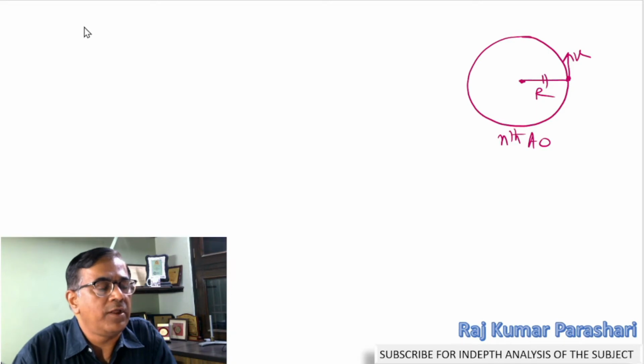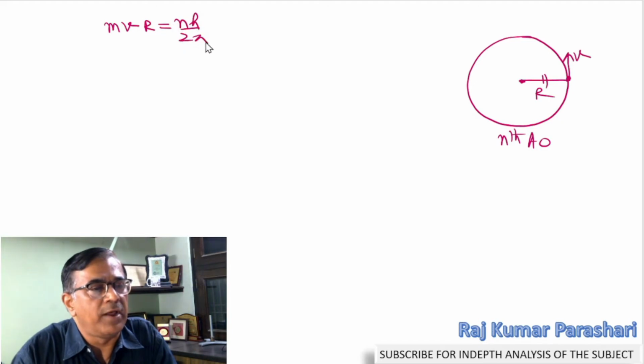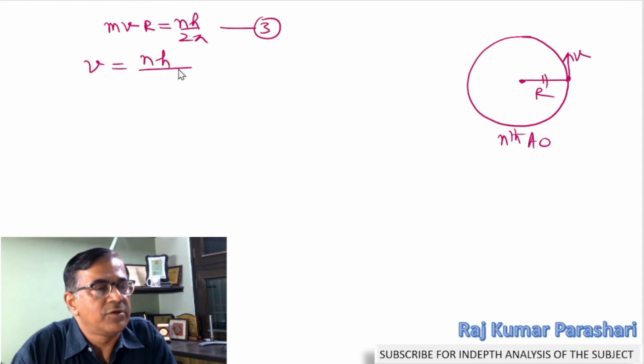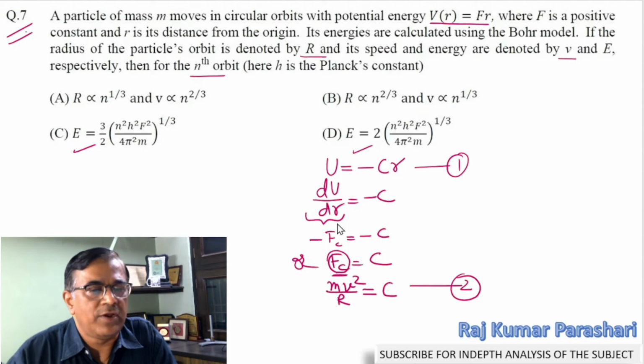Now, according to Bohr's model, the angular momentum of the particle in the nth allowed orbit should be given by nh by 2 pi. This is relation number 3. From here, v is equal to nh by 2 pi m R. Substitute this value in relation number 2.